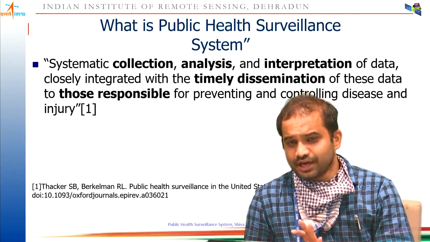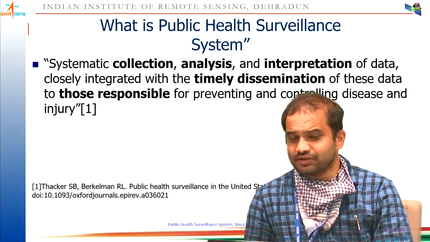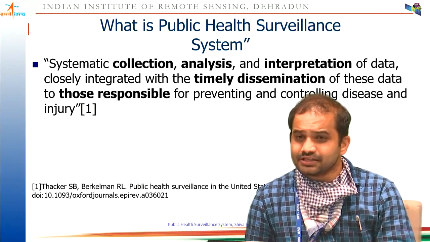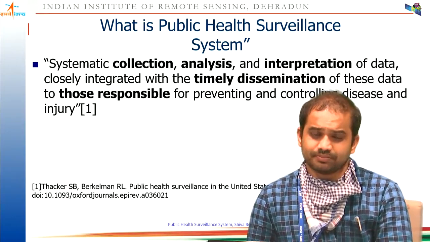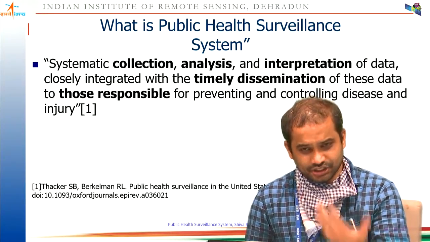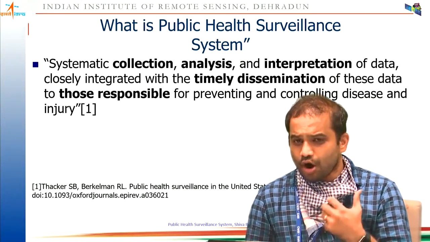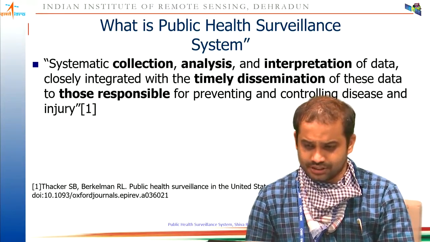Public health surveillance has four essential pillars or components: systematic collection, systematic analysis, systematic interpretation, and finally timely dissemination of this interpretation to the decision makers, the field workers, or all the stakeholders who are involved in preventing and controlling these diseases.